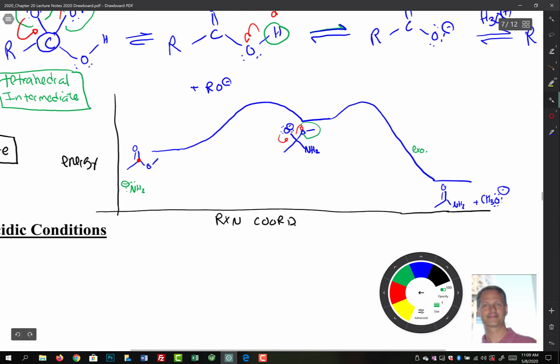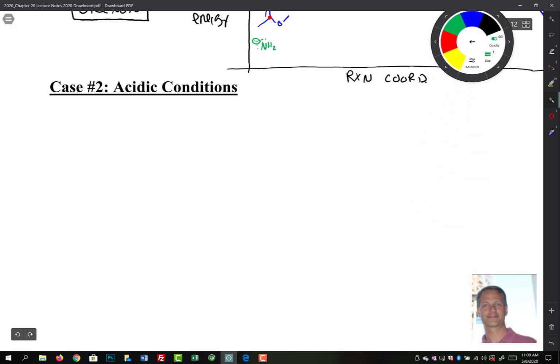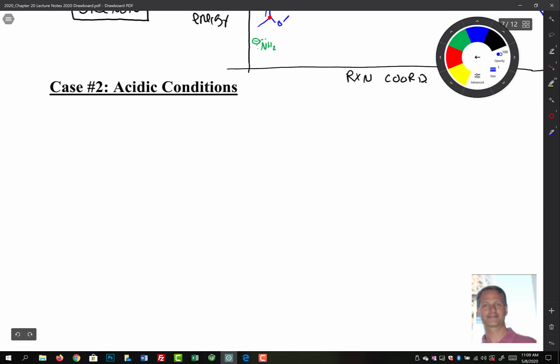All right, now what about acidic conditions? So acidic conditions are pretty straightforward, and we've seen reactions kind of like this before. We're going to see a lot that follow the same general principle. So let's start off here with that same ester.